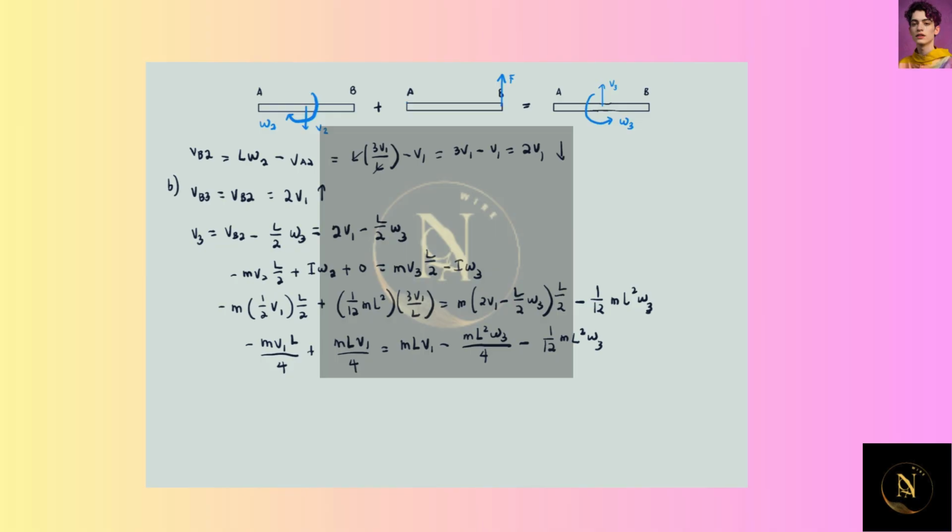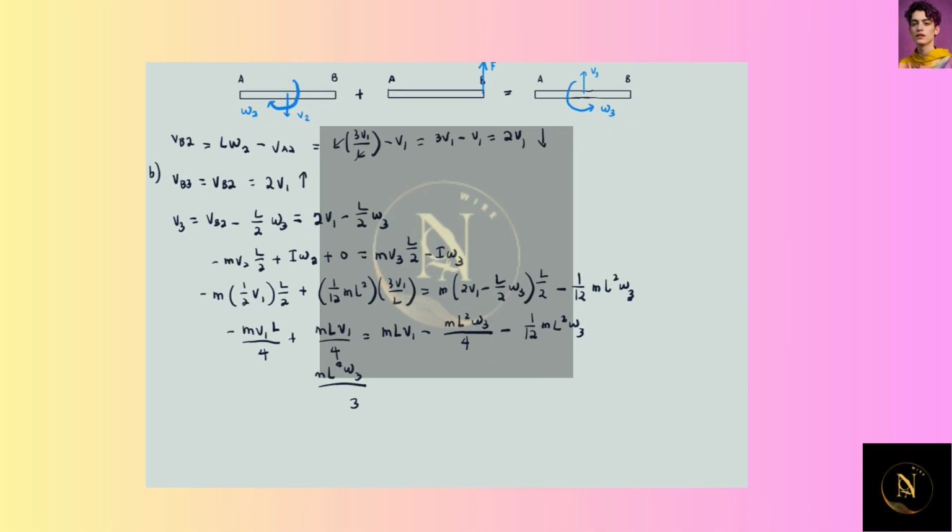So we can transpose the terms with omega 3 on the other side and combine them. So our equation would become ML squared omega 3 over 3 equals MLV1.